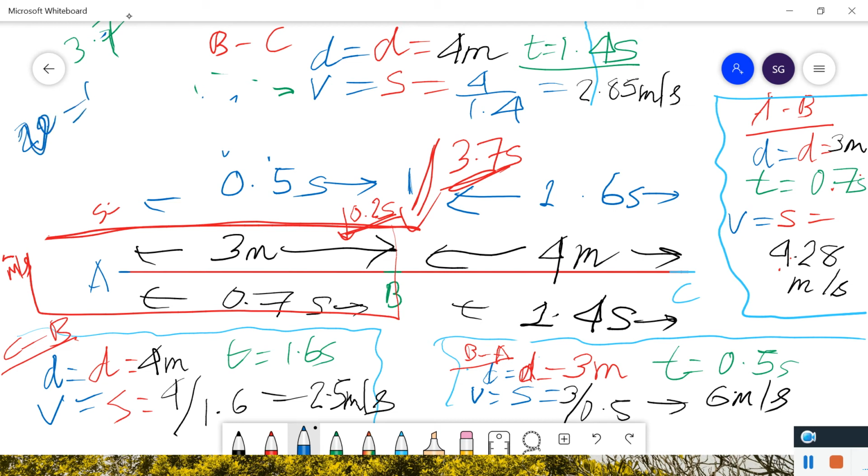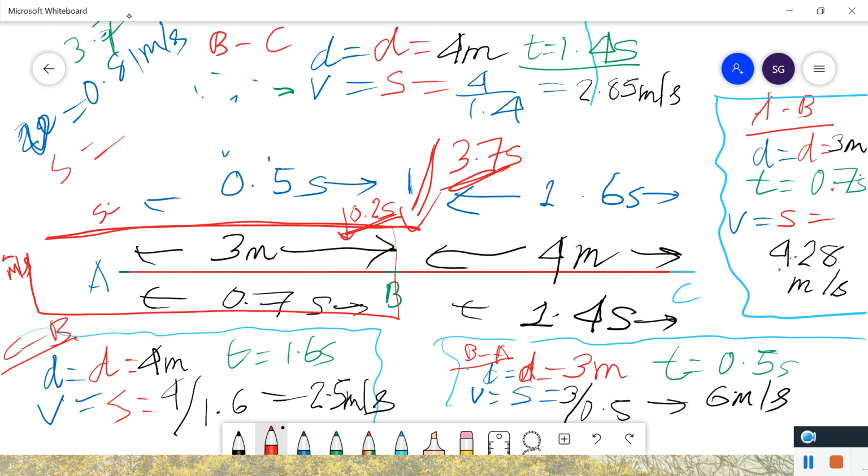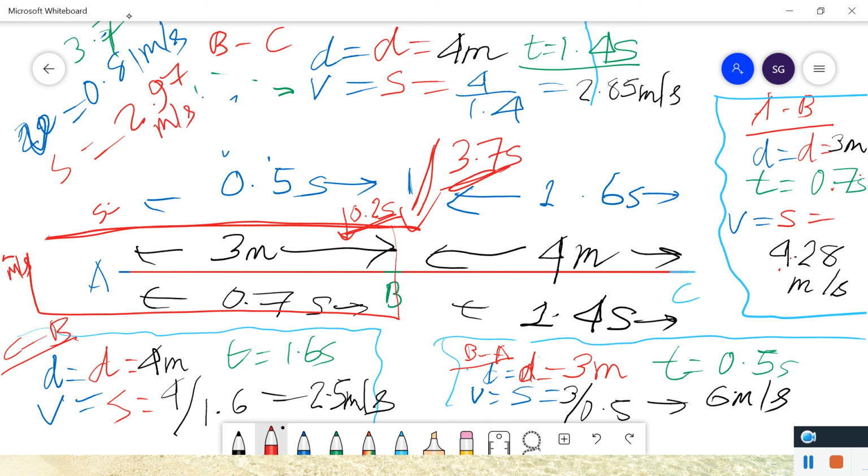Velocity was 0.81 meter per second, and speed was 2.97. Fine. So it will be 2.97.